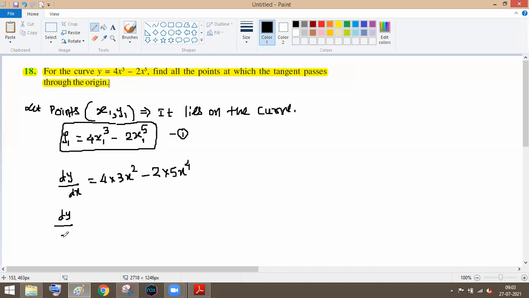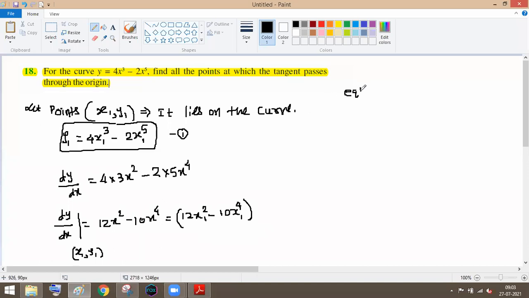That is 12x square minus 10x to the power 4. Clear? But we know that dy by dx we have to find at x1 comma y1. So that is 12x1 square minus 10x1 to the power 4. This is our dy by dx, means this is the slope of the tangent.